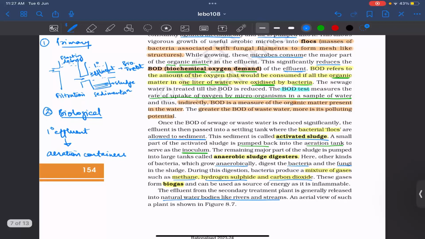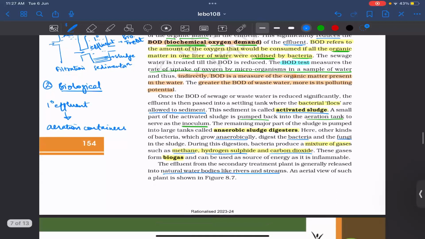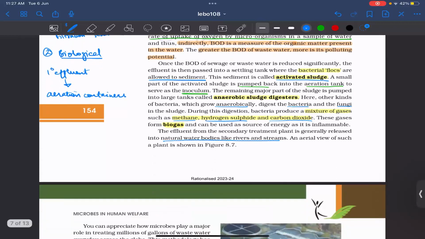Here, the biological oxygen demand is decreased. Air is pumped into the tank, and the BOD of the primary effluent is decreased. After that, it is sent to a secondary settling tank and the sludge to anaerobic sludge digesters. Now let's make a diagram. See the primary effluent which comes.